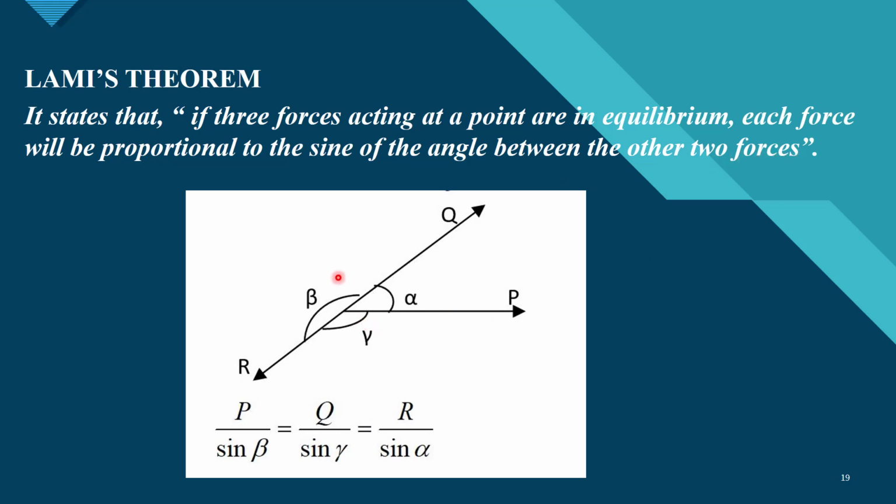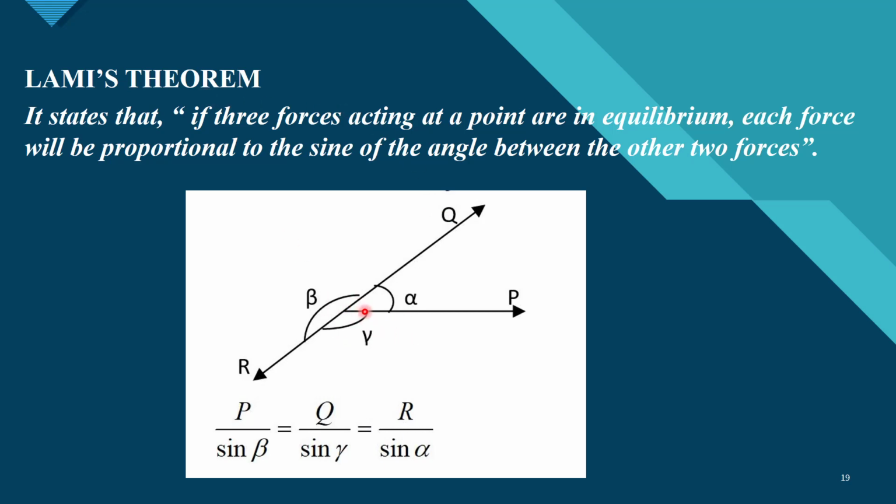See here in the figure, you can see there are 3 forces P, Q and R. And let us assume that the particle is in equilibrium. So if the system is in equilibrium, we know that the resultant force acting on that system will be equal to 0. Now, if there are 3 forces and if the system is in equilibrium, then we can apply the Lami's theorem. One more point is there.